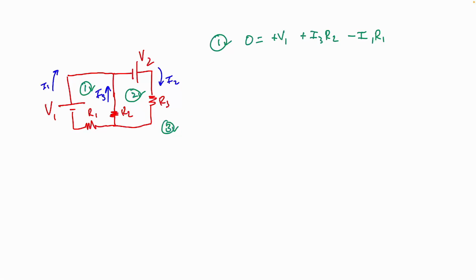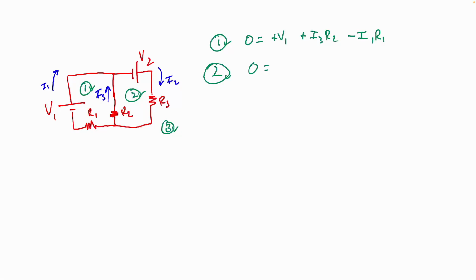All right, loop number 2. 0 equals, start at V2. Positive V2. So here's something you might want to try. Just another method for you. Rather than doing the sign and the voltage at the same time, write down all the voltages first and then go back and do the signs.